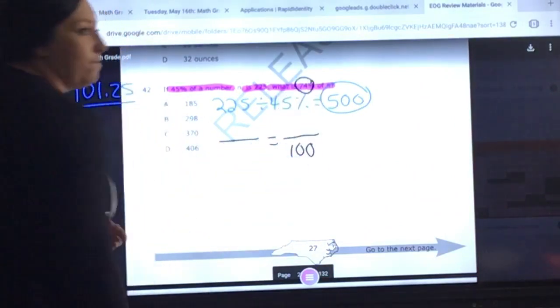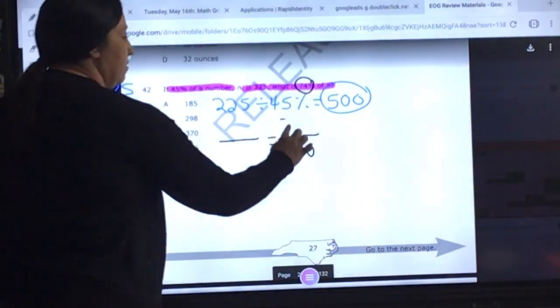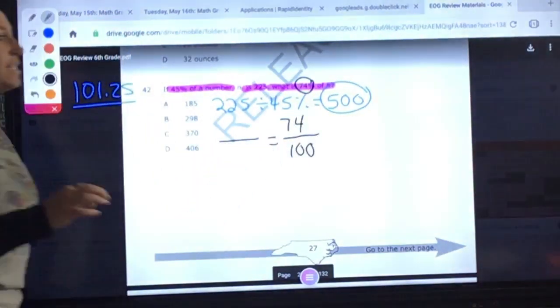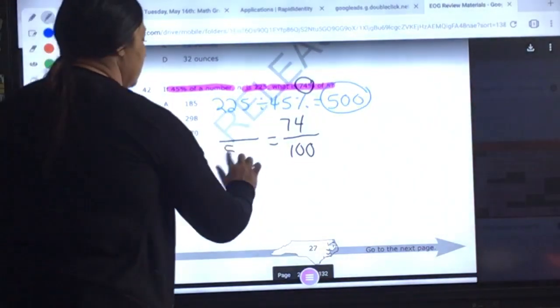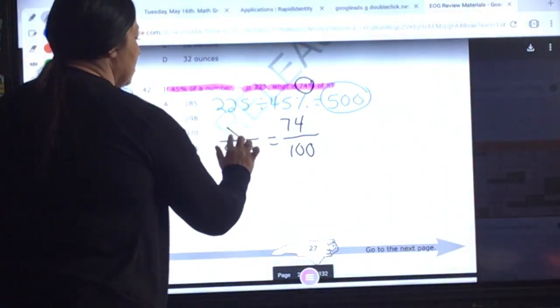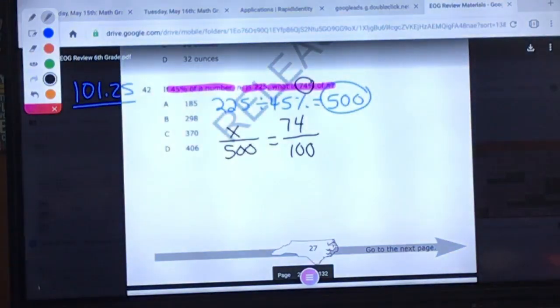Because I have 74%, so I know that, right? And it's asking what is 74% of n. So 500 goes here, and I need to find my part. Make sure I set it up right. Yes. All right, so from there, cross multiply and divide. And see if it works out.